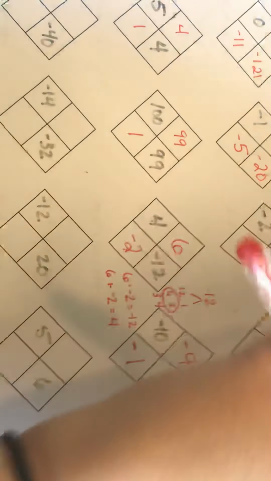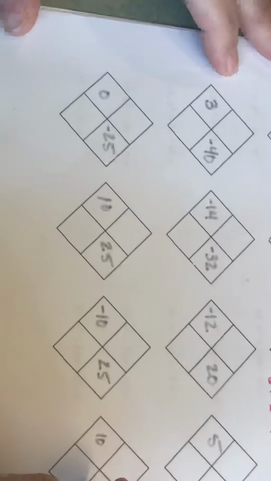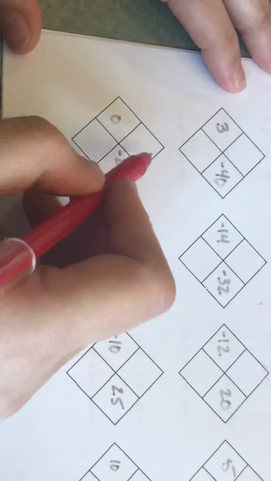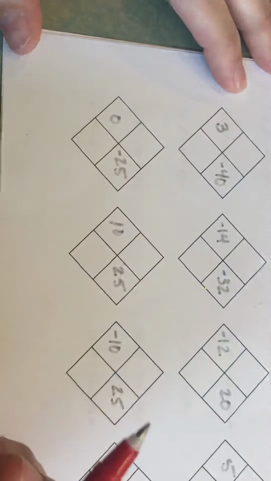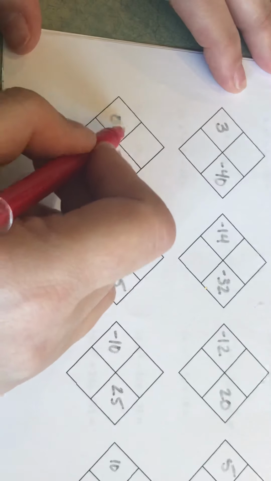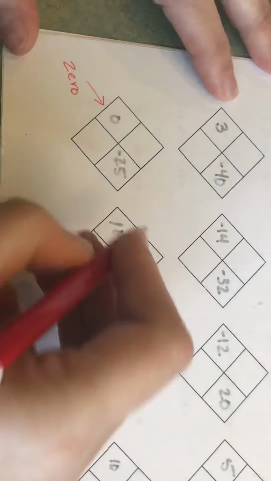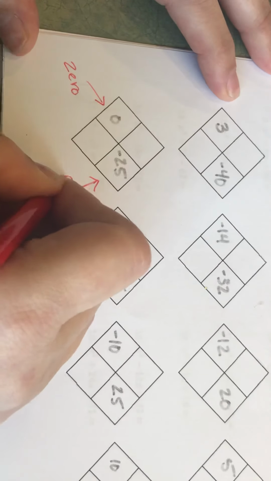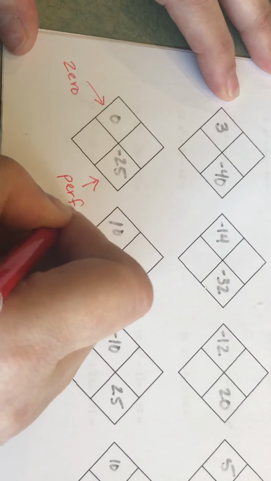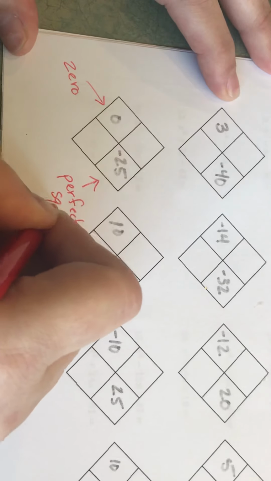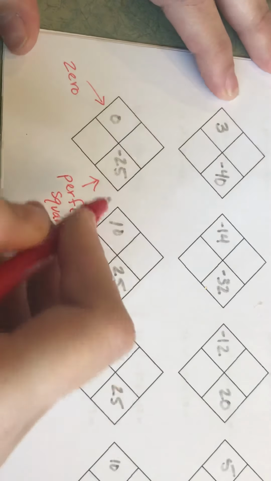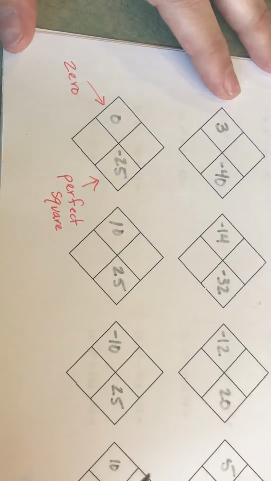Just going to do one more example, I think. Here we have another one with the 0. So when we have 0 and we have a perfect square, it's always helpful to know your perfect squares.